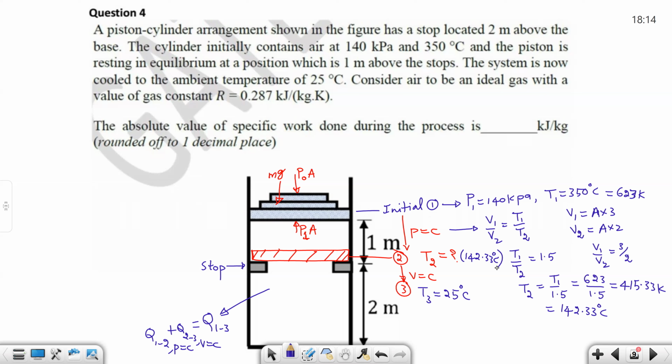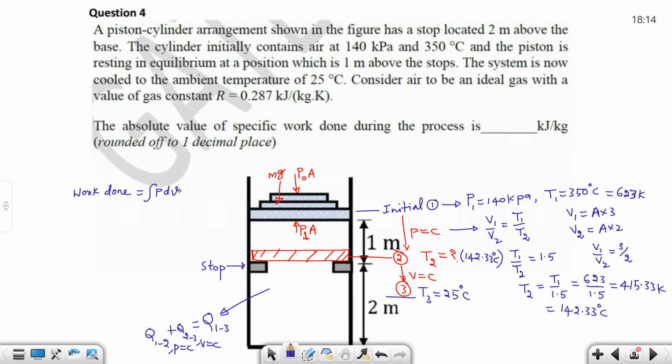So what is asked is what is the absolute value of specific work done during the process. So work done happens only in the constant pressure process. So we know that work done is integral PdV.